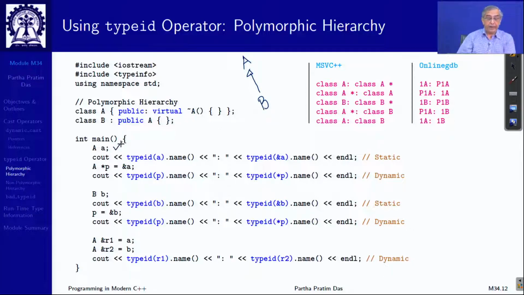I create an A object, and I ask what is the type of A and the pointer to A, and these are the names that I get: class A and class A star. I create a pointer to the A object and ask what is the type of the pointer and what is the type of the pointee. I get class A star, class A.